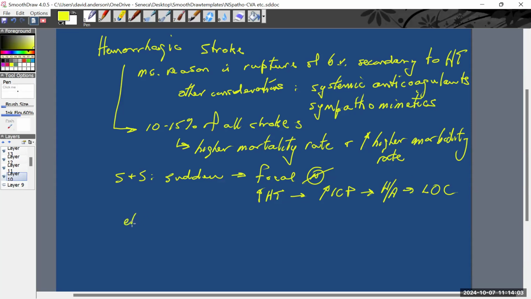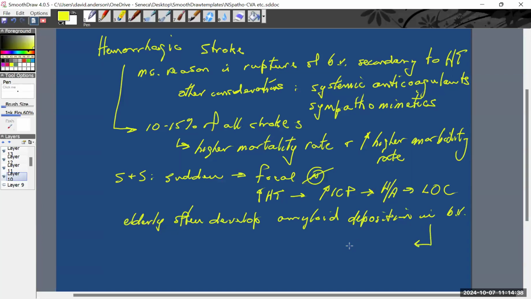In the elderly, they often develop these amyloid plaques in blood vessels that weaken those blood vessels, make them more prone to rupture.